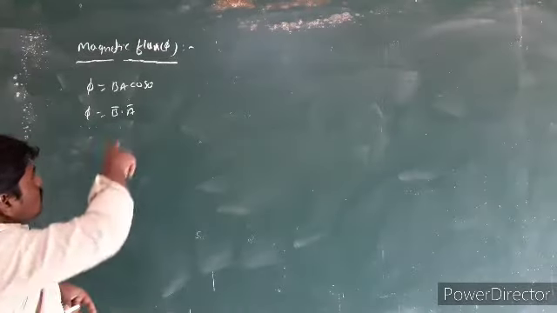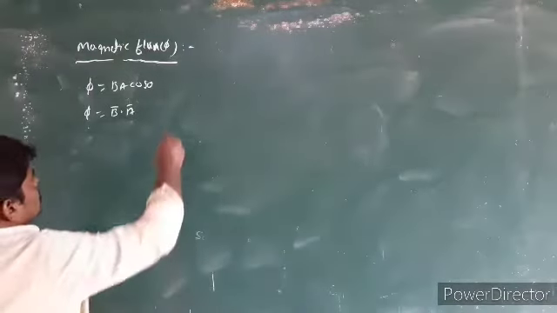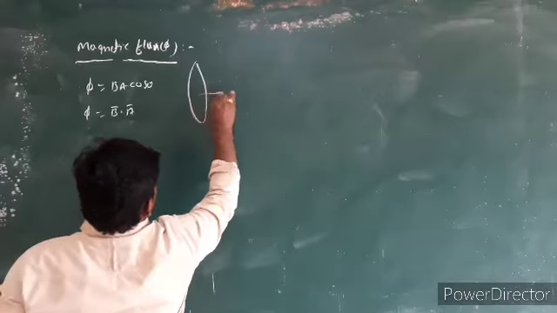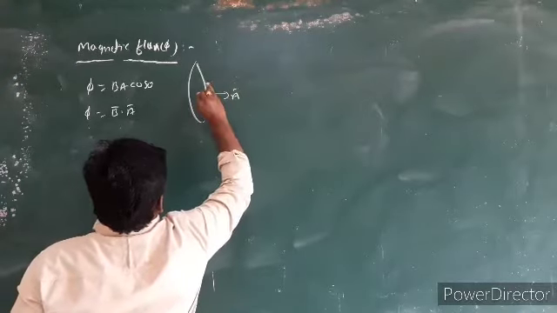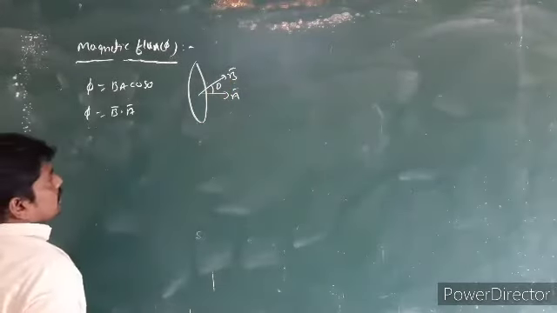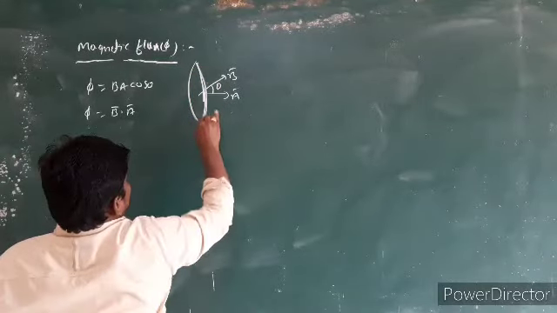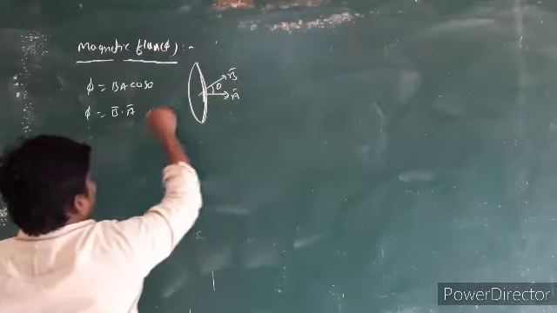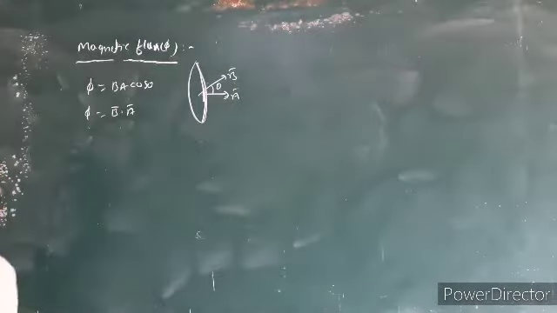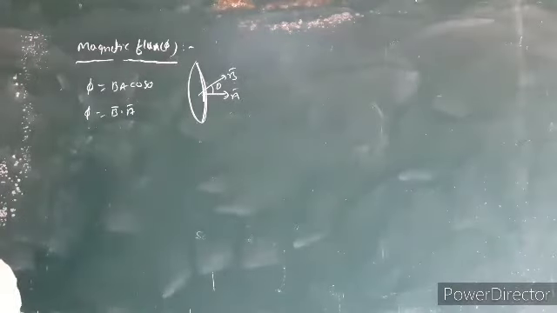Here theta is the angle between the area vector and the magnetic field. For example, consider this is the closed surface, this is the area vector, this is the magnetic field. Now the angle between the magnetic field and area vector is theta. Now the flux through this, the total number of magnetic field lines passing through this closed surface, phi is equal to BA cos theta, or in vector notation B bar dot A bar.